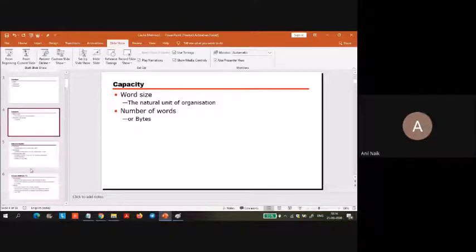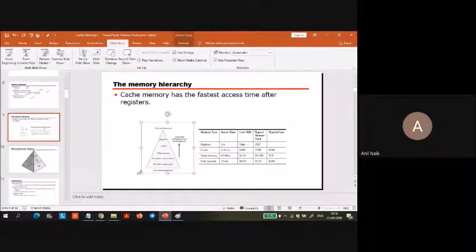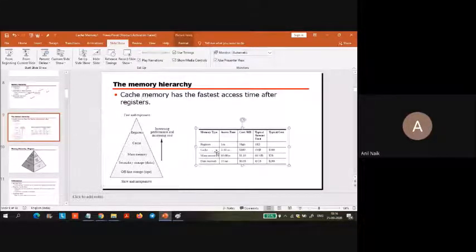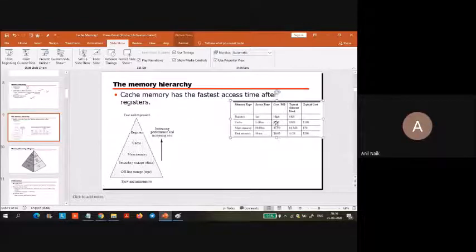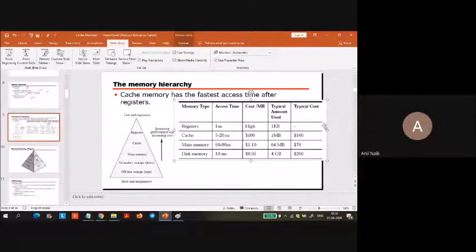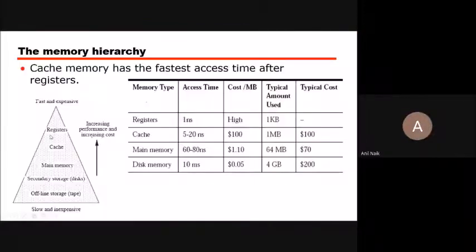If you want high speed memory, then you have to pay more, a larger amount of money, to get faster access. For cache memory and all, the cost will be more, but the response time is very fast.